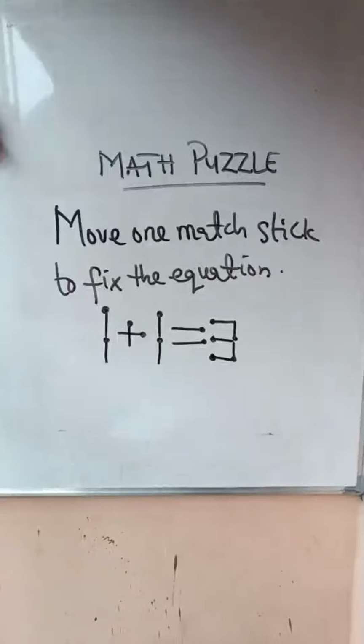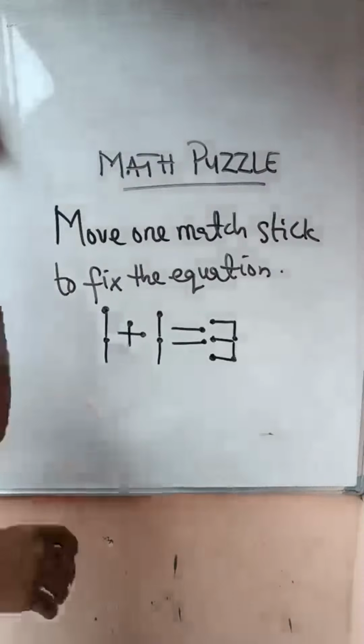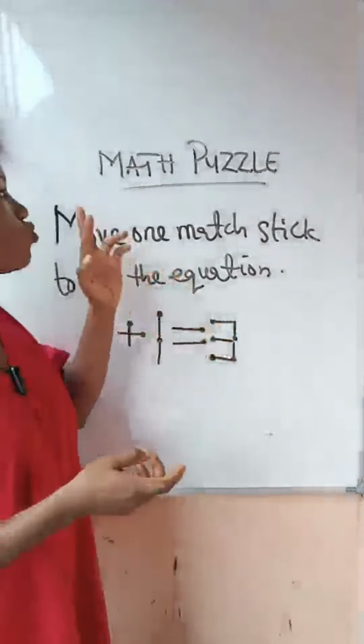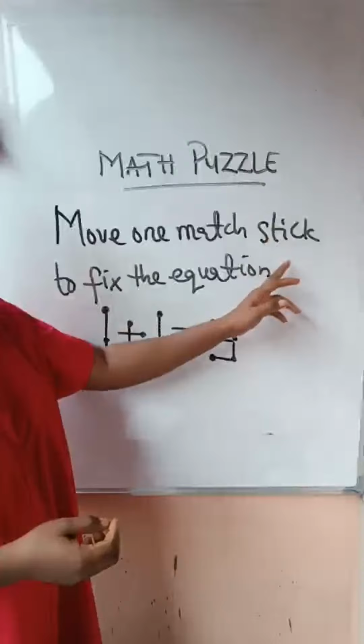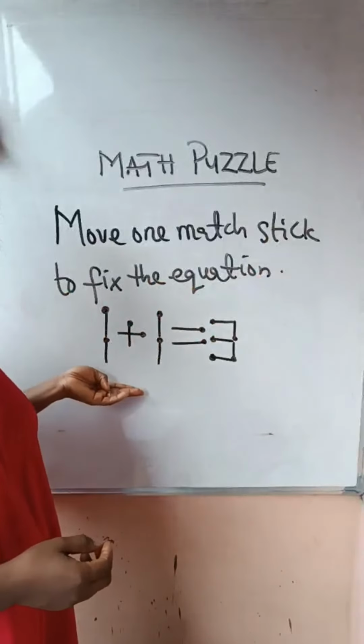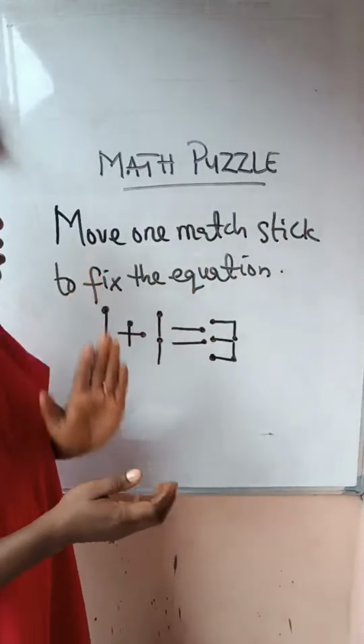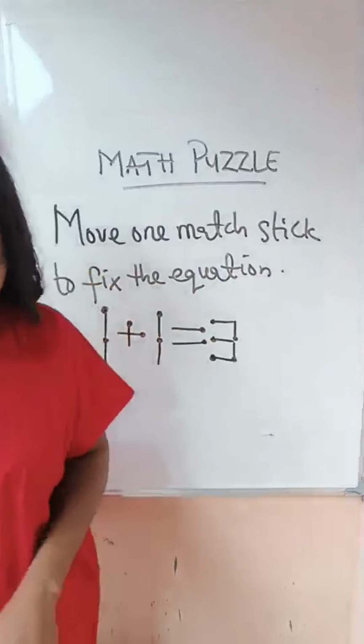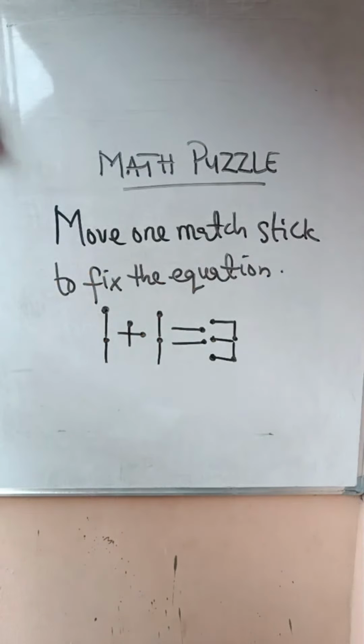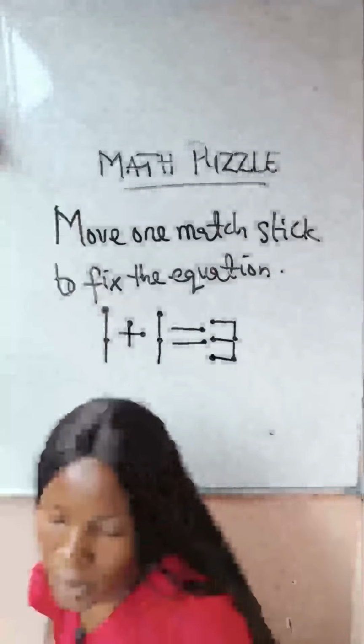Okay, the question is simple. We are asked to move one matchstick to fix the equation. Okay? Not equal to is not allowed. Then the answer is what? What's the answer?